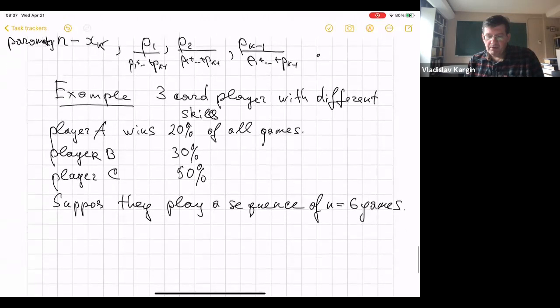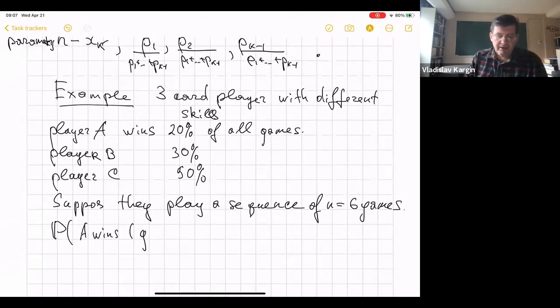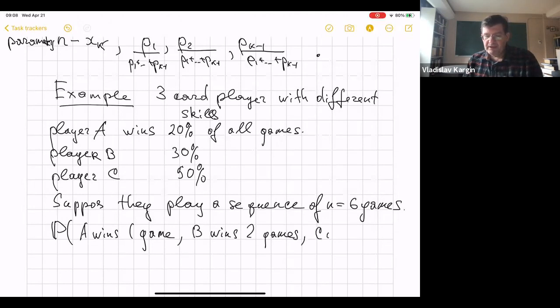The first question is very simple: what's the probability that A wins 1 game, B wins 2 games, and C wins 3 games?